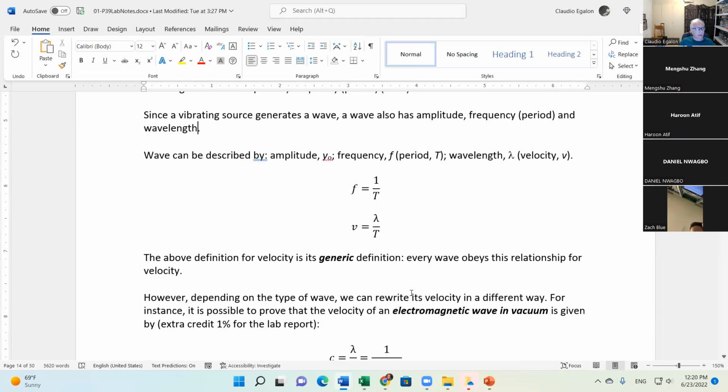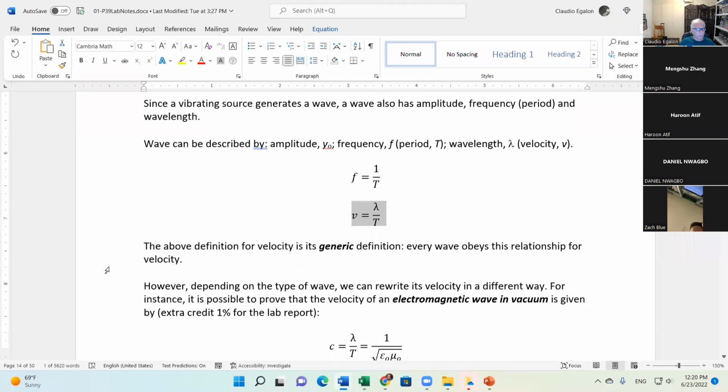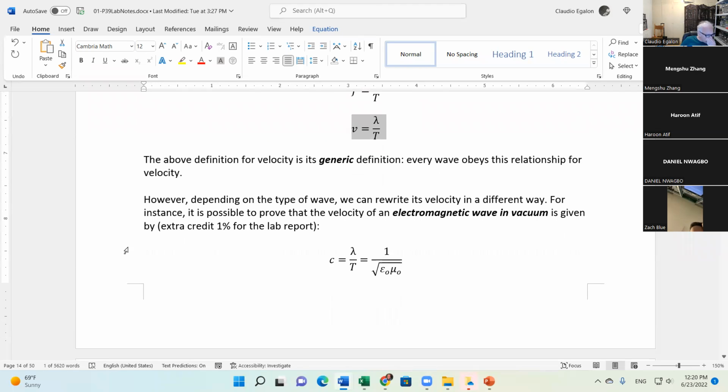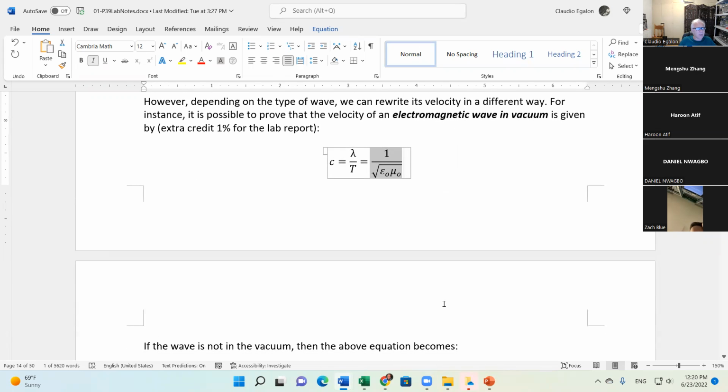Here's the generic equation for the velocity. But for a specific type of wave propagating in different media, the velocity can be written in another way as well. Like an electromagnetic wave, here you go, one over the square root of epsilon naught and mu naught.